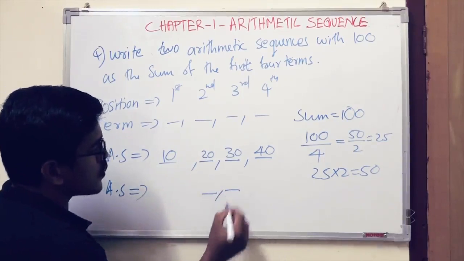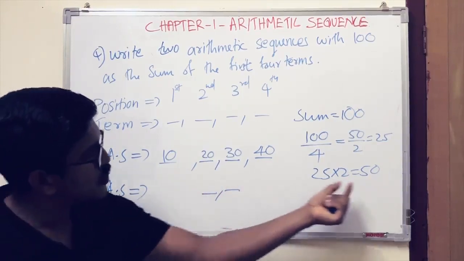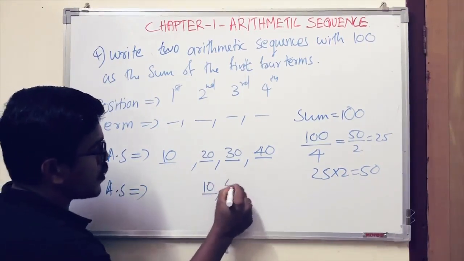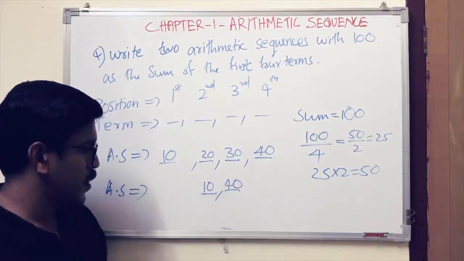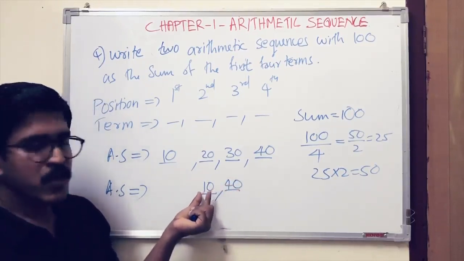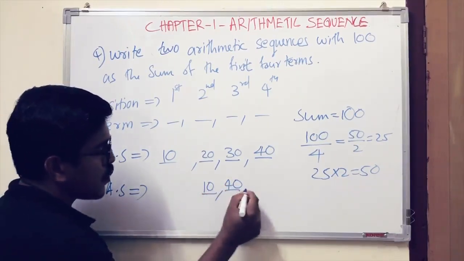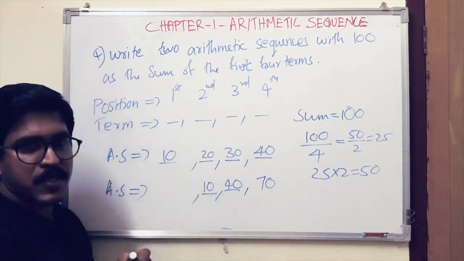We need to fix the center 2 numbers as a sum of 2 numbers as 50. That is 10 plus 40 we can take it. Okay. So the common difference is 30 here. That is 40 plus 30 is 70. Now we need to subtract.